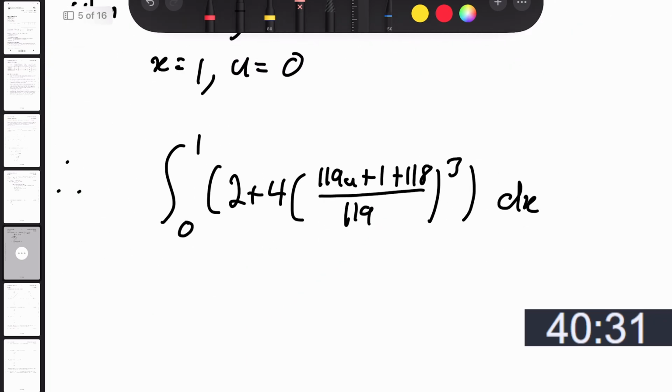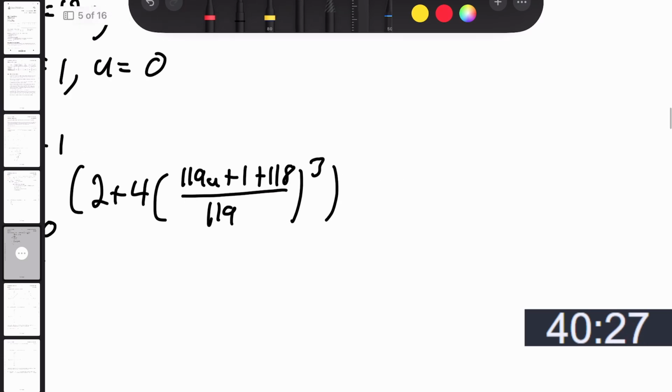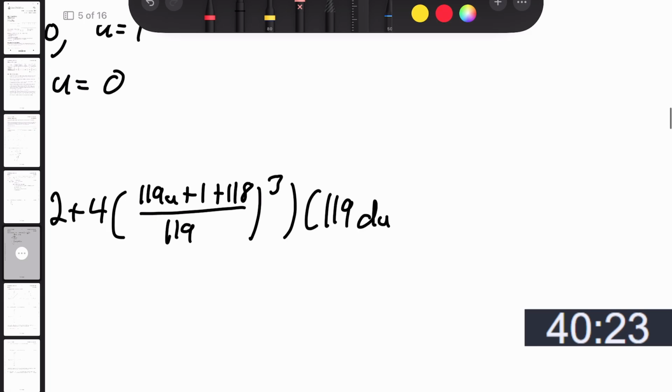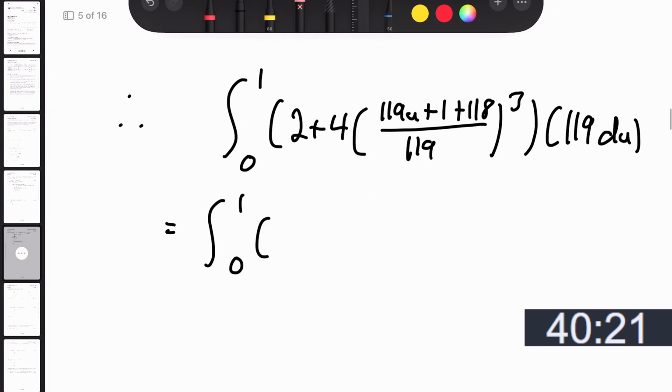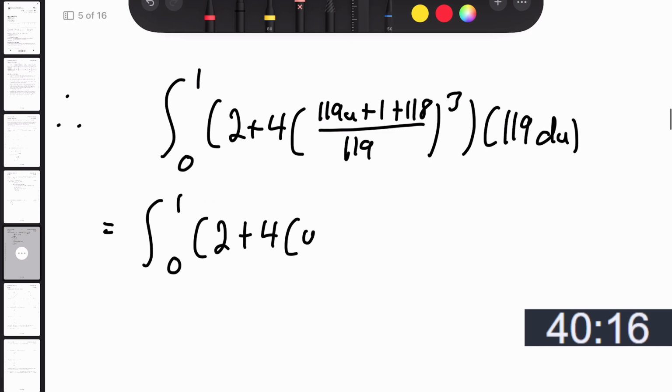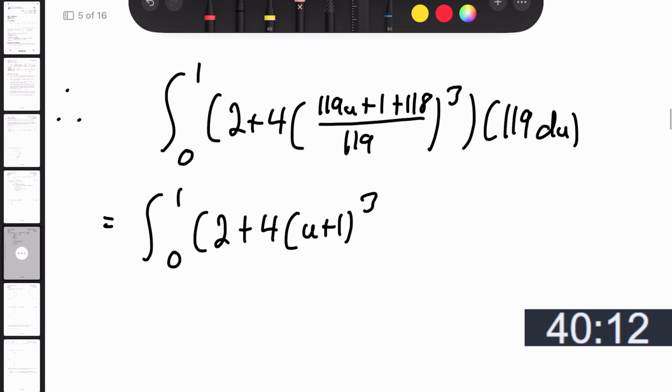So then let's change this to 119 du. So then this is 2 plus 4. I'm going to get u plus 1 to the power of 3. And then this is all times 119 du.